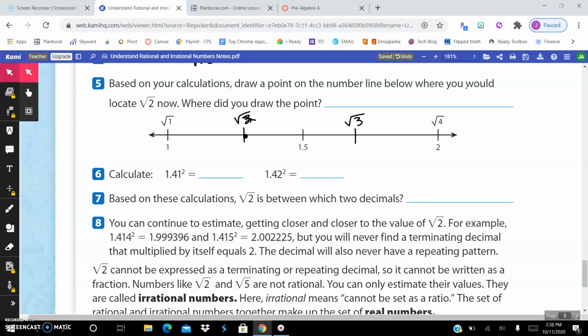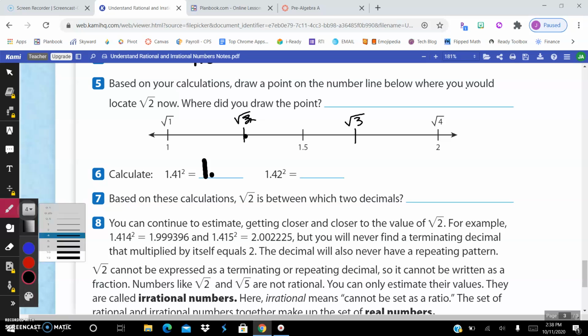Now calculate 1.41 squared and 1.42 squared. So 1.41 times 1.41 gives us 1.9881, and then 1.42 times 1.42 is 2.0164.